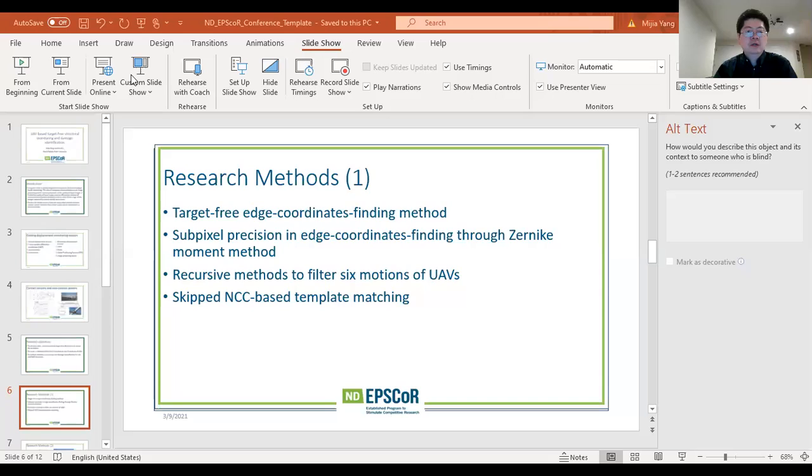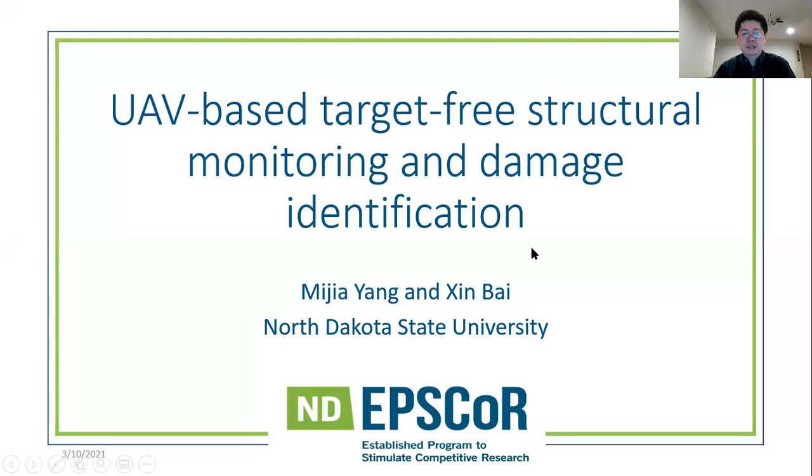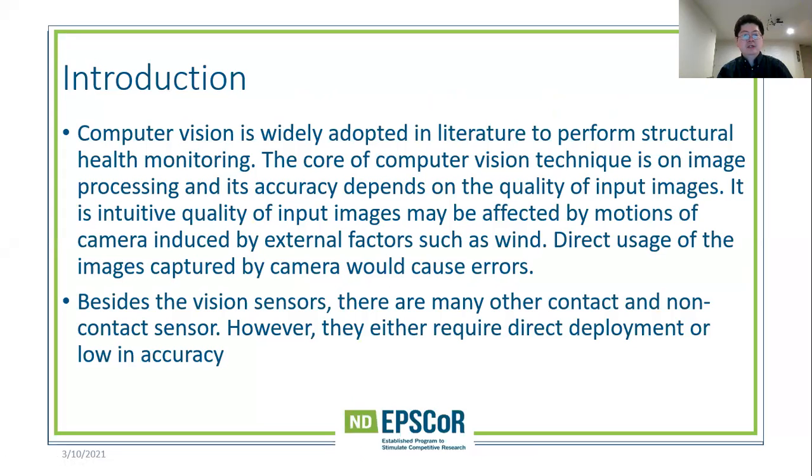The presentation is on UAV-based target-free structure monitoring and damage identification. We know that computer vision is widely adopted in the literature to perform structural health monitoring. The core of computer vision technology is image processing, right? And its accuracy heavily depends on the quality of the input images.